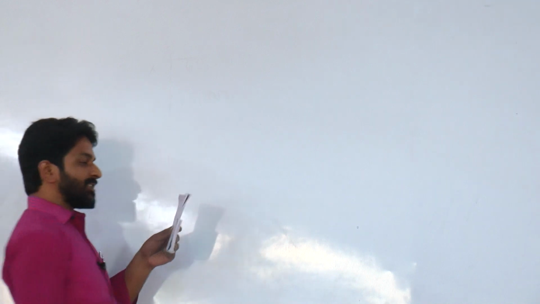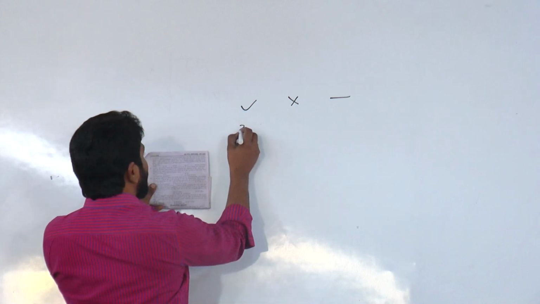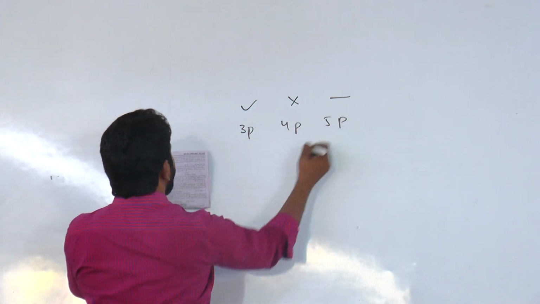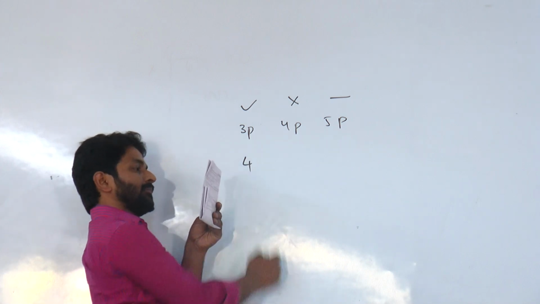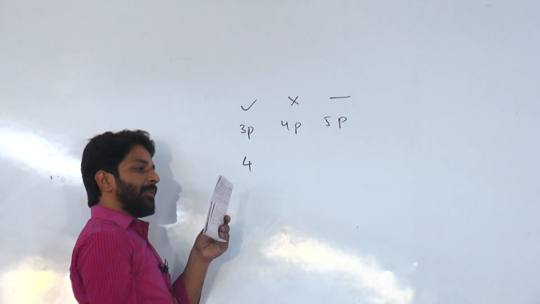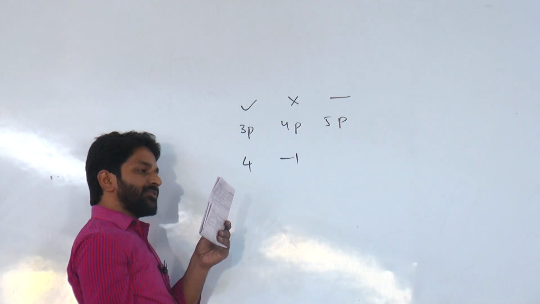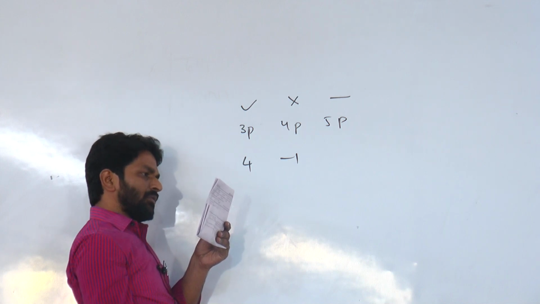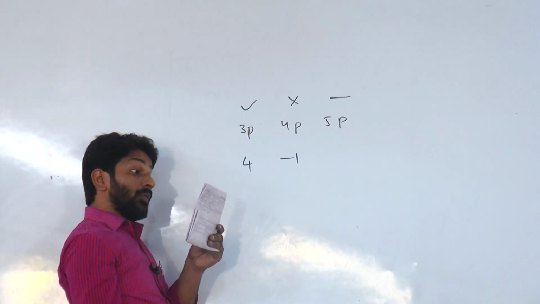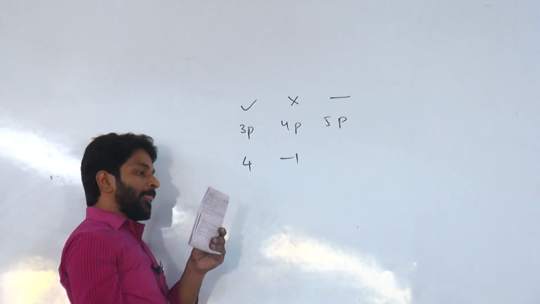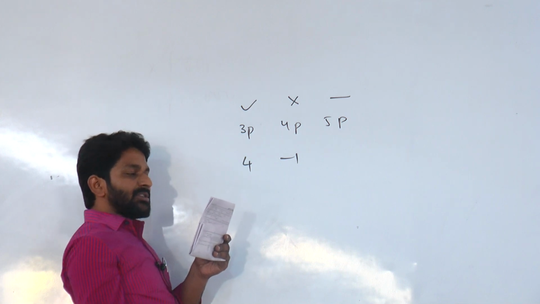If each correct answer was worth 4 marks, while each mistake earned a penalty of 1 mark, find the number of unattempted questions if the student scored 72 marks in the test.